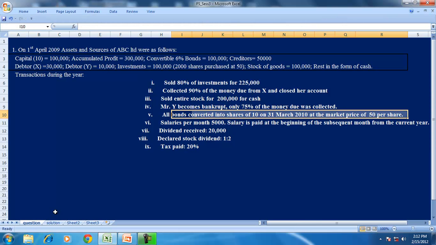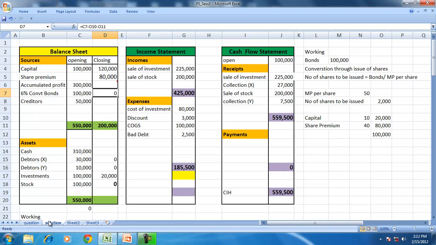Salaries per month is 5,000 and salaries are paid at the beginning of the subsequent month. The salary for the period is 5,000 into 12. But salary is paid only 55,000.